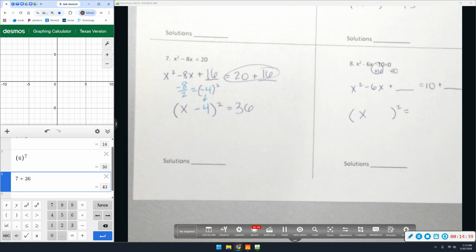Because 2 negatives makes a positive. So anytime you square something, positive or negative, it's going to be a positive.